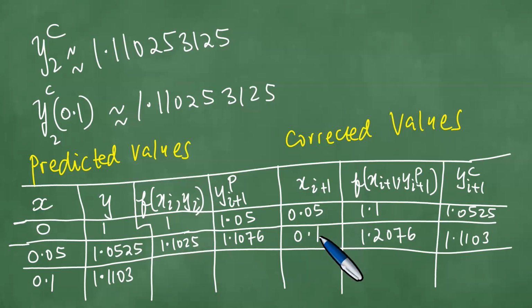And therefore this one here is actually x2, and it gets the corresponding y of the corrector, which is the actual answer, because it corresponds to the x at 0.1, which is the solution we want, which is exactly this one.